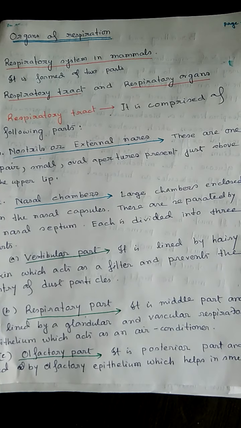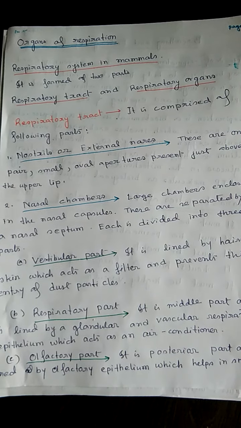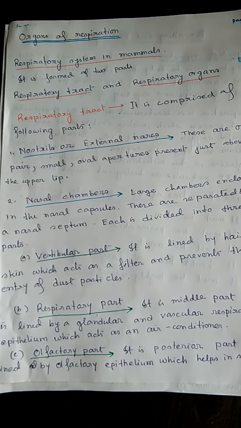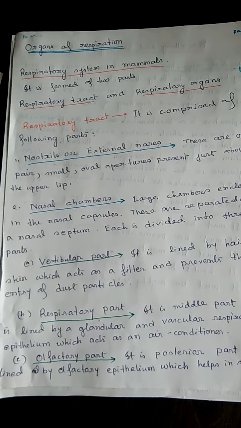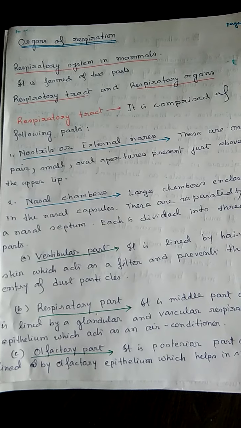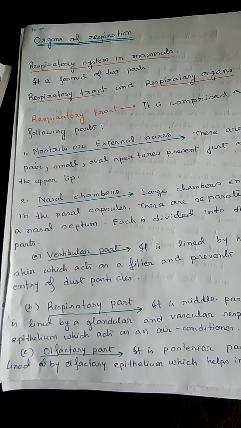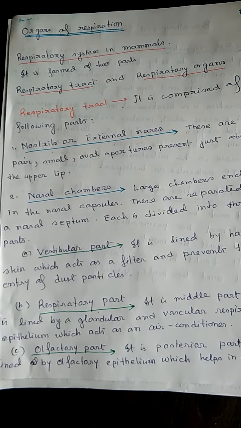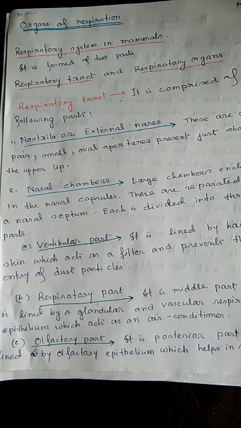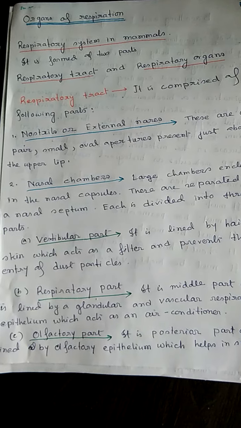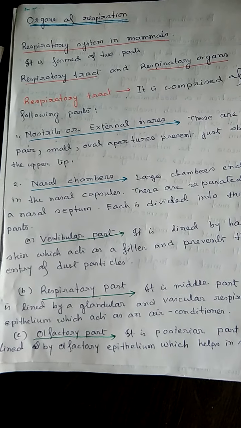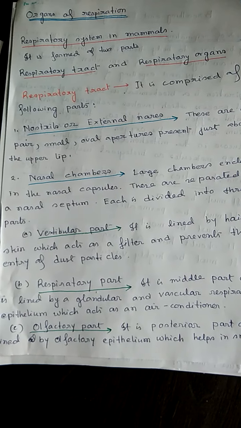The organ of respiration. The respiratory system in mammals is formed of two parts. The first part is the respiratory tract and the second part is the respiratory organ. The respiratory tract comprises the following parts: nostril, then nasal cavity, the nasal chamber inside the nose.